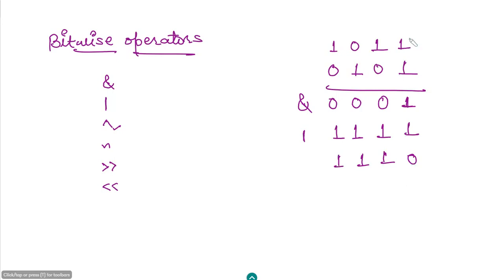And this is for the complement. Now remember this formula: minus, open parenthesis, n plus 1, close parenthesis, right? This is the simple formula to understand this operator.